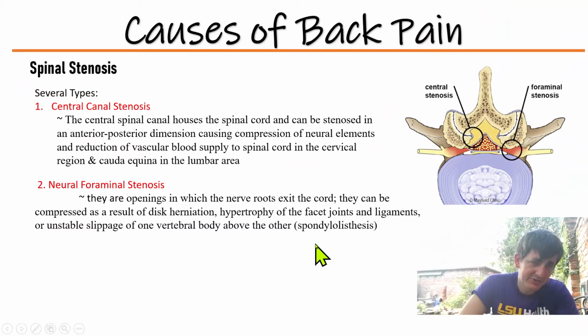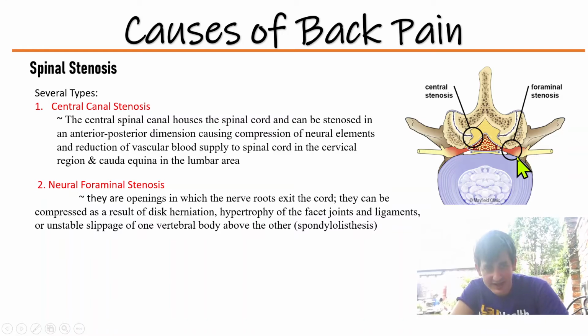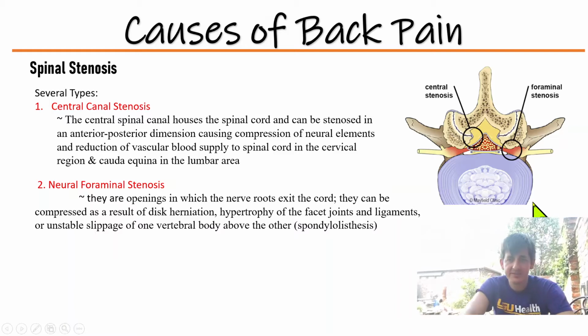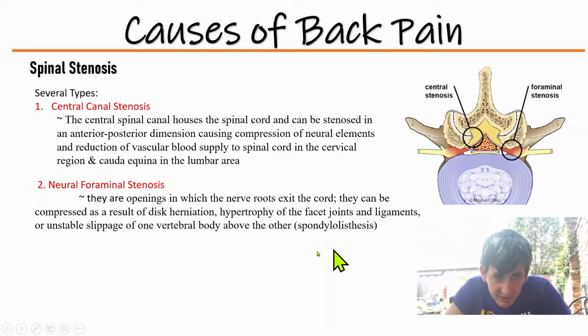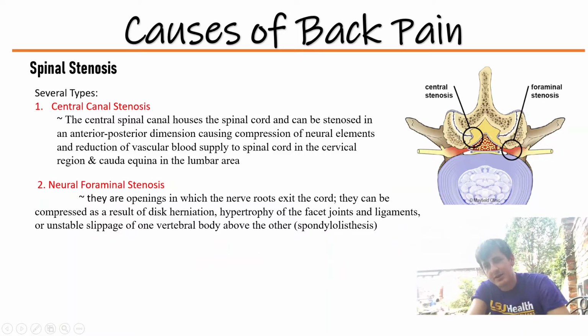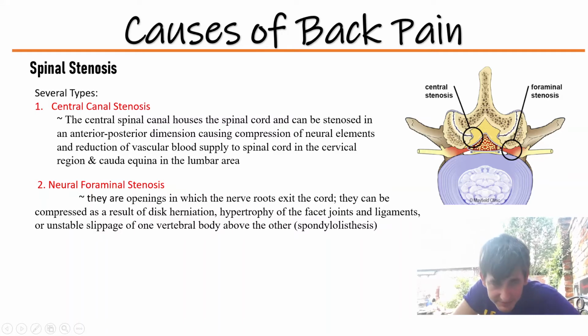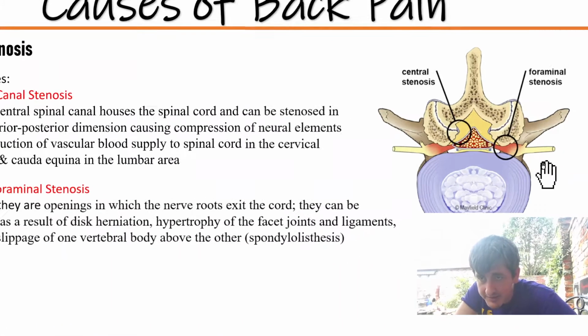We can have a neuroforaminal stenosis, which is out more laterally, as seen here. These are the openings in which the nerve roots exit the cord, and they can be compressed as a result of disc herniation, hypertrophy of the facet joints and ligaments, or unstable slippage of one vertebral body above the other in spondylolisthesis, as we said in previous lecture, I think video 2 on this.